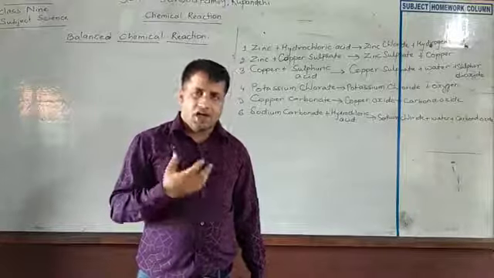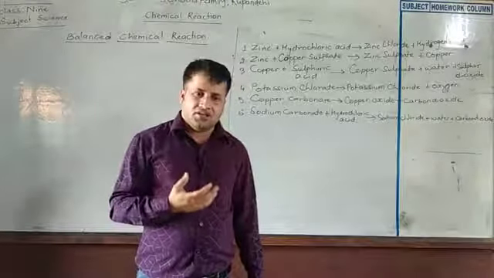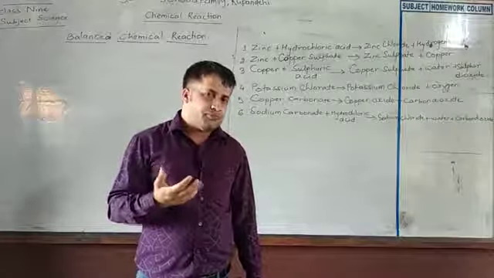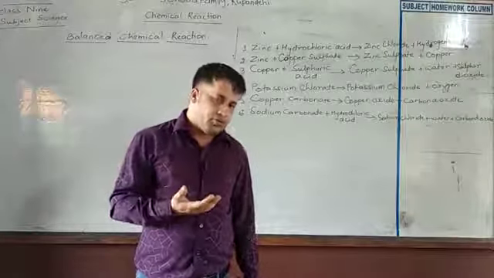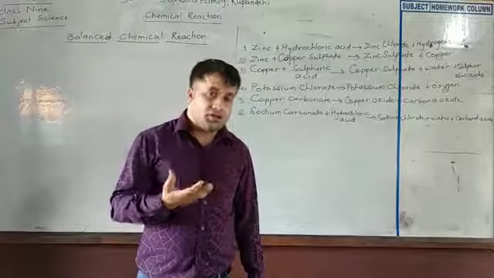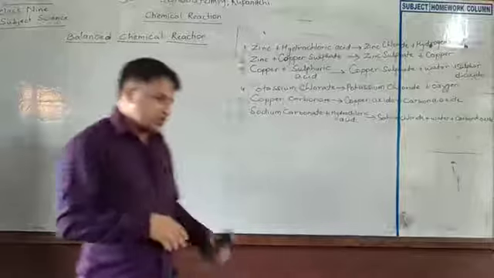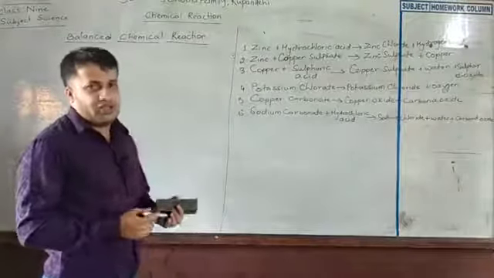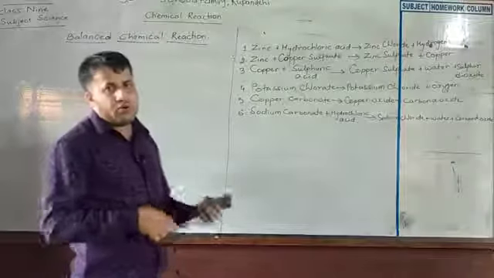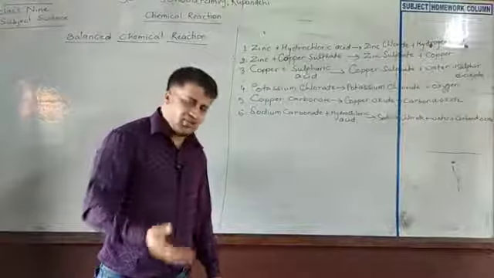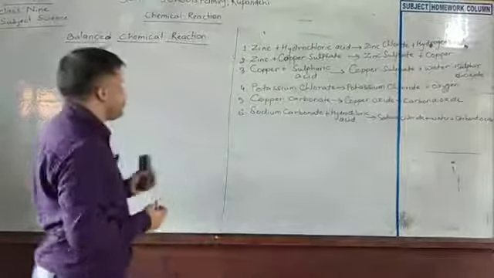There are many chemical changes or chemical equations where the number of atoms present in the reactant side may not be equal to the number of atoms present in the product side. Let's take the same example. Previously we have studied that sodium when reacted with chlorine gives sodium chloride. From the same question we will proceed.